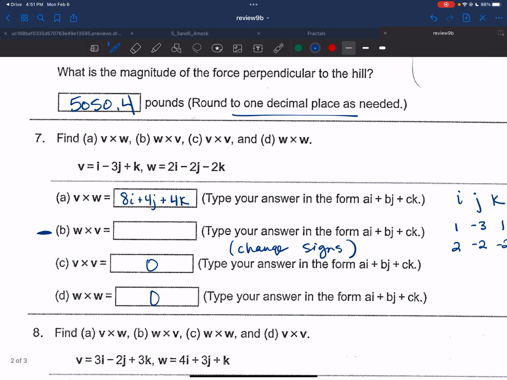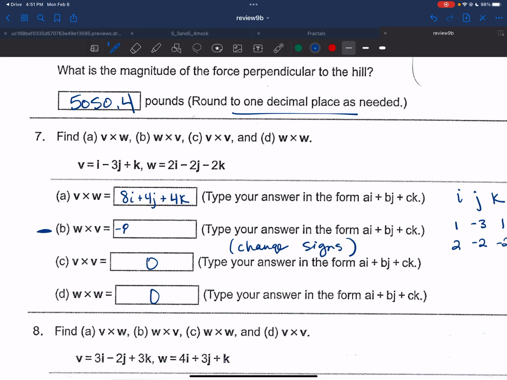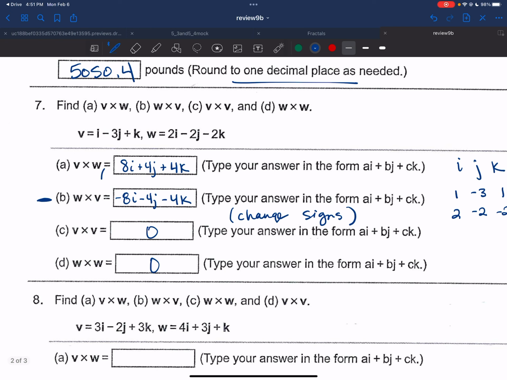So remember, your opposite cross is going to be the opposite signs. So I don't even have to work it out. I can just change my signs on all of it from here to here, and it'll give it to me, right? Because it's the same as the opposite of V cross W.